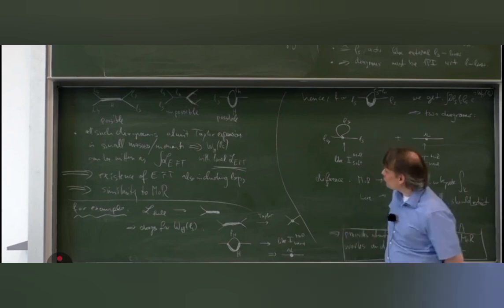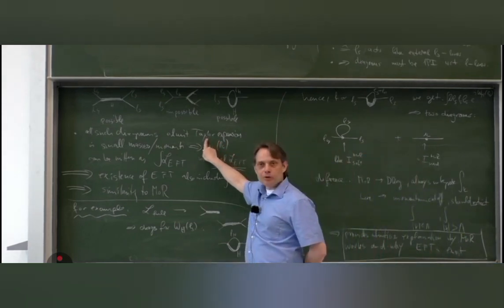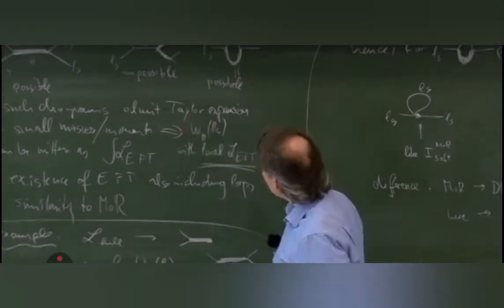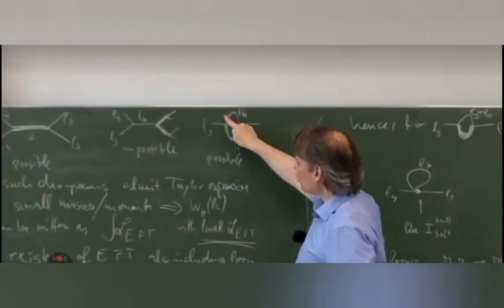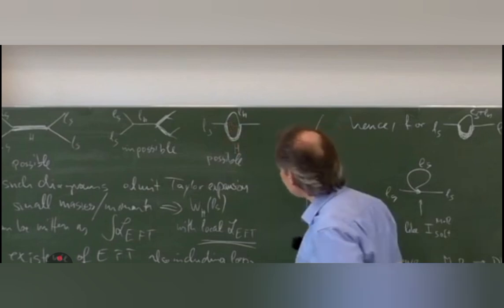The Taylor expansion, that is the point. Here, all such diagrams admit a Taylor expansion. That wouldn't be true if we would not integrate over the hard fields, because then that would not be part of the WH, it would be part of the EFT.